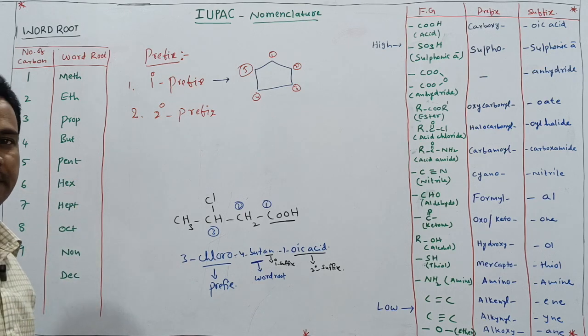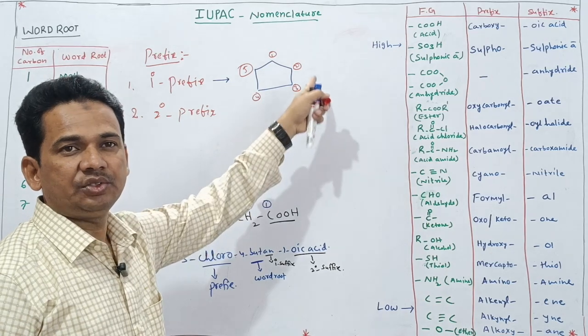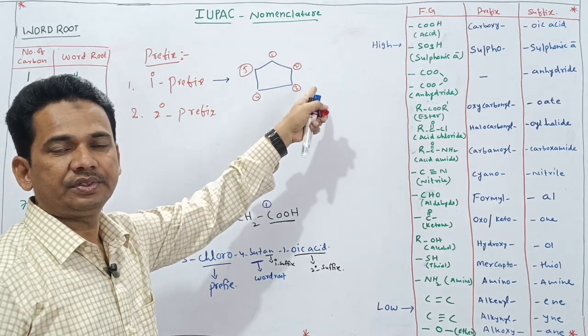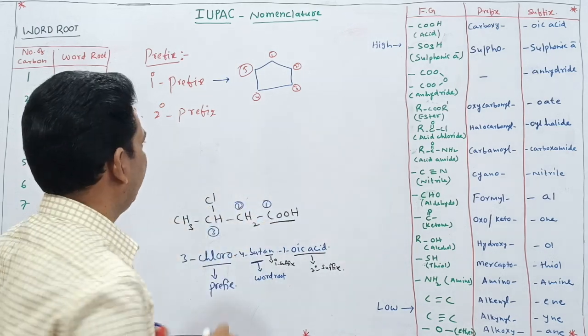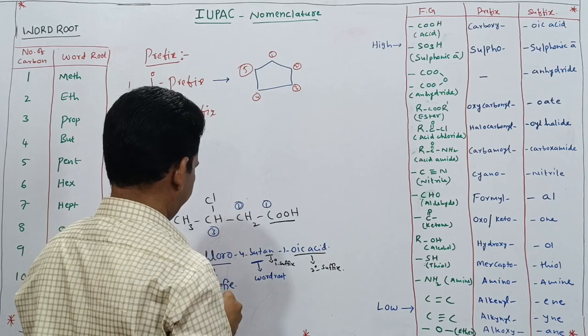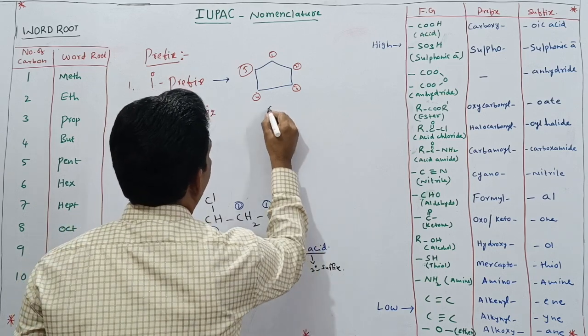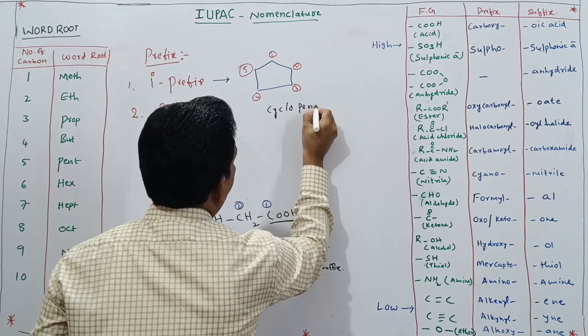Pent. It is in the form of a cycle. It is a saturated, single-bonded compound. That's why the primary suffix will be "ane." How will we write it? Cyclo, cyclopentane.